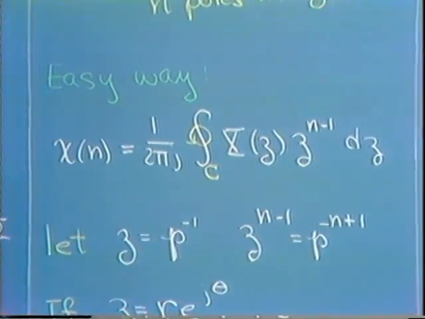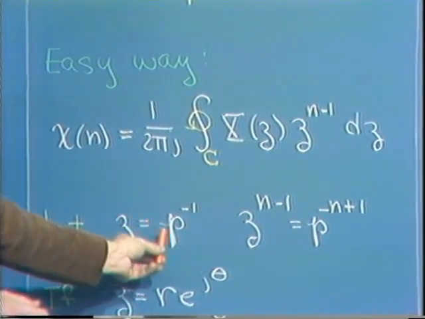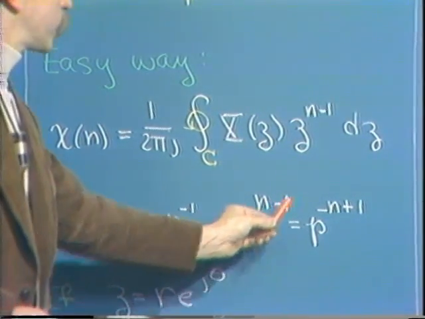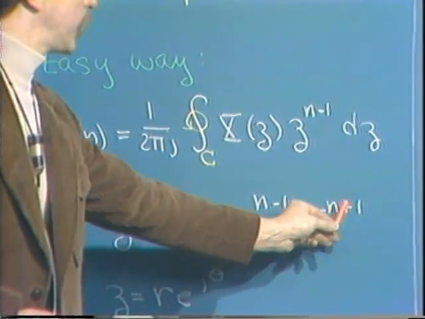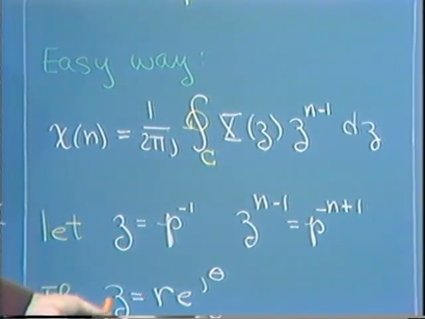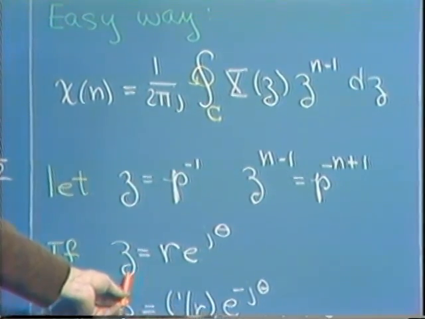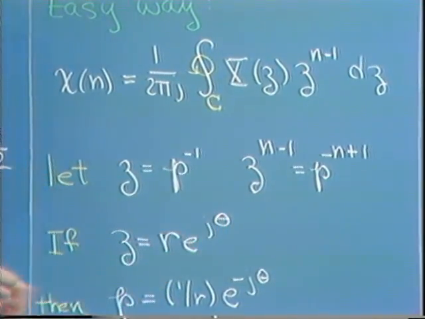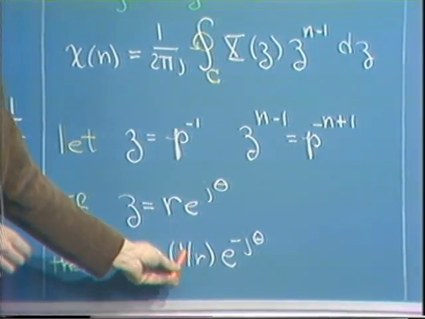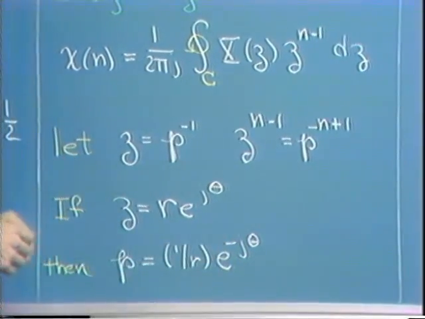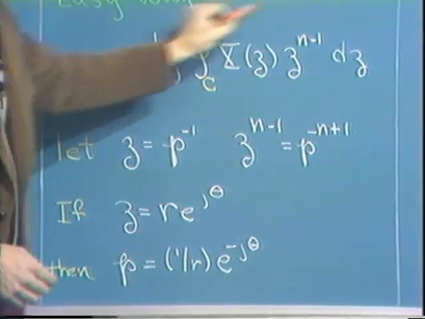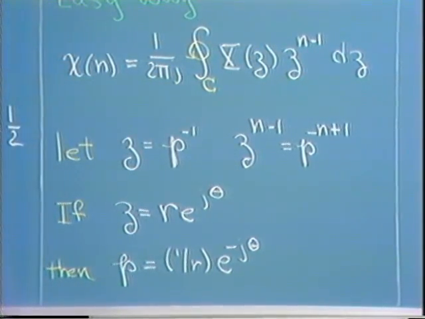Let's make the substitution of variables z equal to p to the minus 1, in which case z^(n-1) is equal to p^(-n+1), which means, incidentally, that with z equal to r e^(j theta), p, this new variable, is 1 over r times e^(-j theta). So now we want to make this substitution of variables in this contour integral.